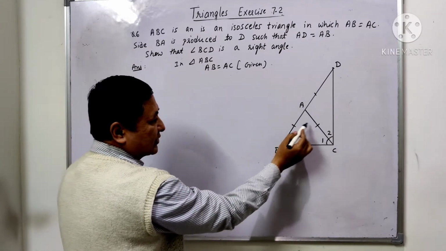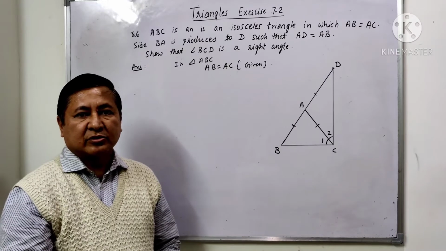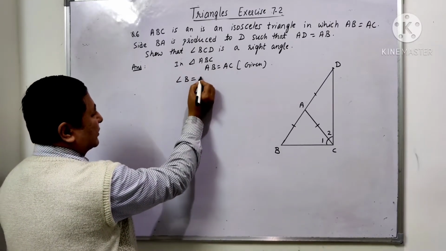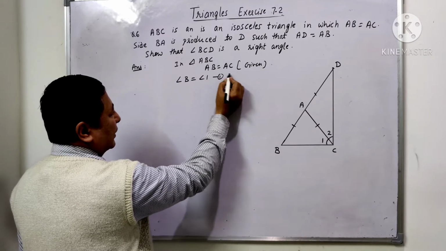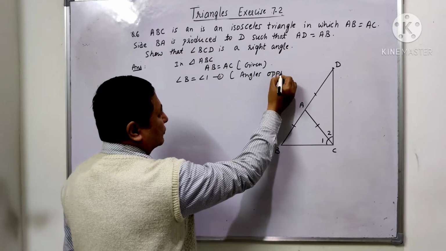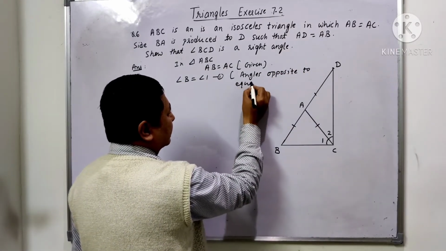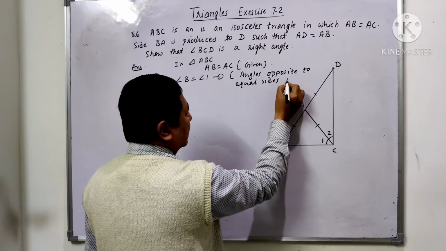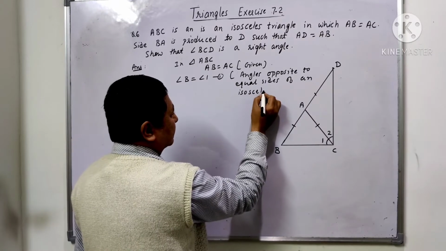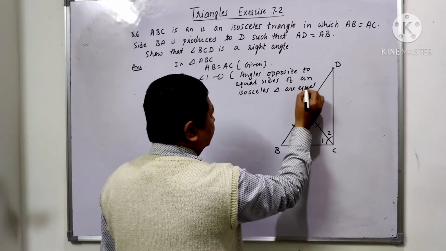Now these two sides are equal and we know that the angles opposite to equal sides are also equal. So angle B is equal to angle 1, and the reason is angles opposite to equal sides of an isosceles triangle are equal.